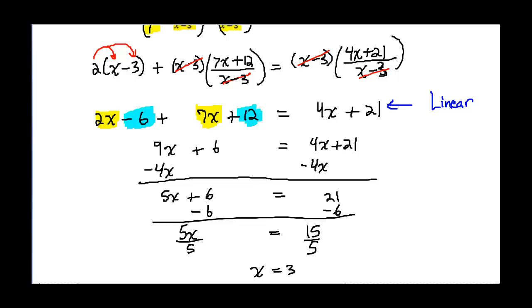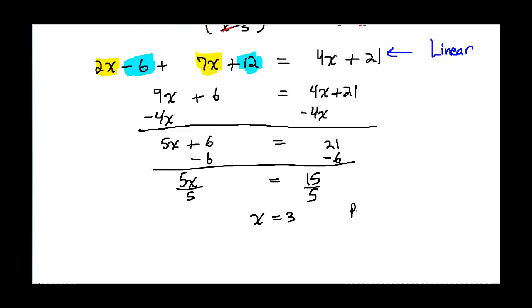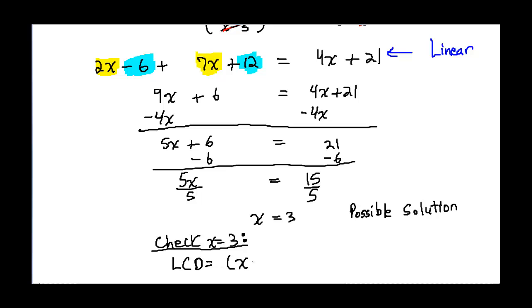Now this x equals 3 is what I call a possible solution. I need to determine if it's extraneous or not. In order to check that, I'm going to substitute x equals 3 into my lowest common denominator. Remember, in this example our LCD was x minus 3.